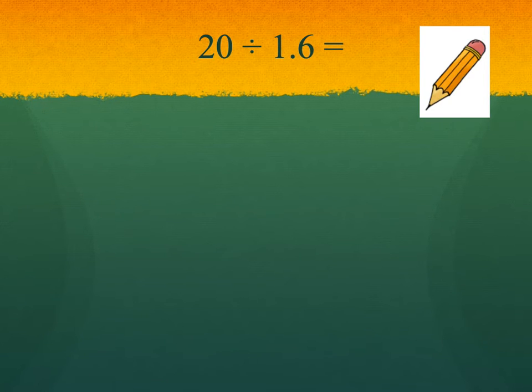All right, let's look at another example. Here we have 20 divided by 1 6/10. So 20 is inside my box, or my house. 1 6/10 is on the outside. Just like before I divide, I need to make that divisor a whole number. So I need to move my decimal point over one space, making this 16. Whatever I do to the divisor, I also have to do to the dividend.